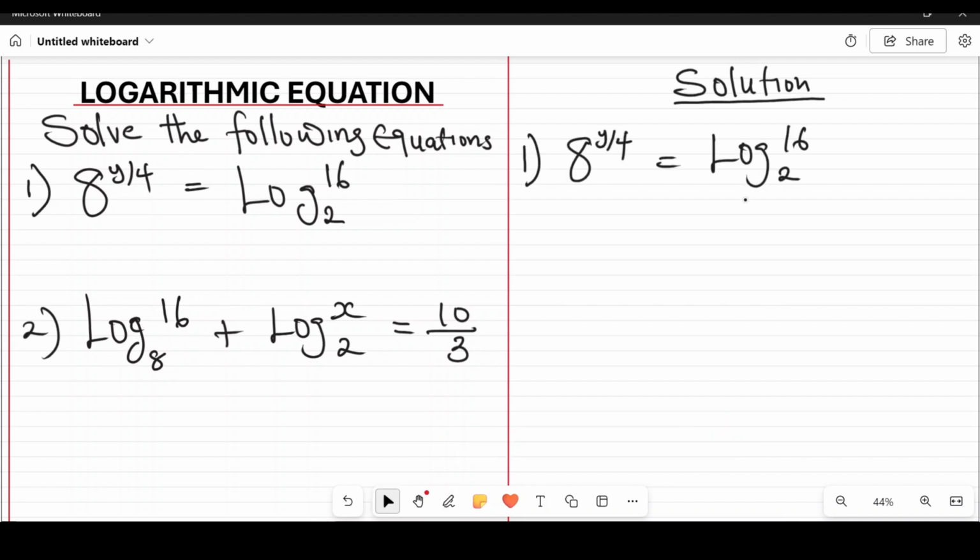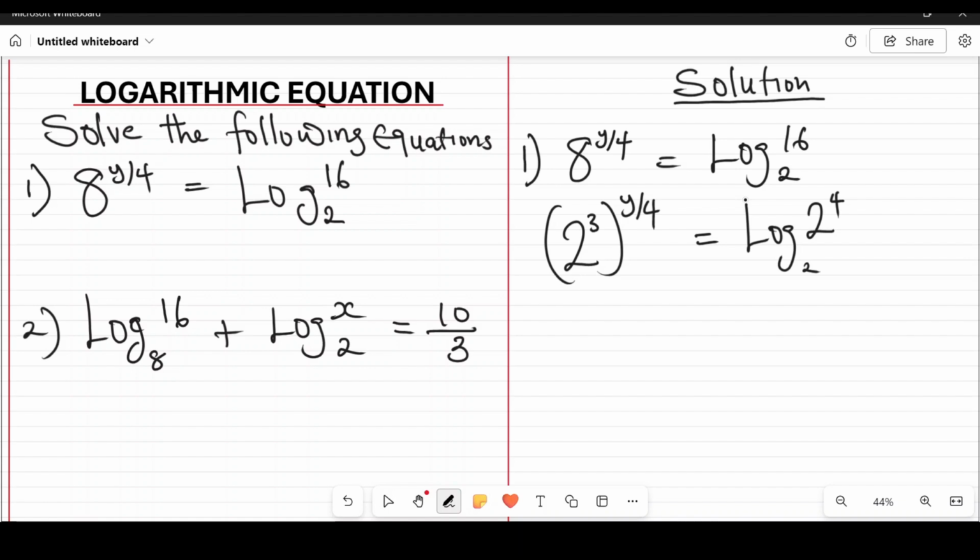Number one question says 8 raised to the power of y divided by 4 equals log 16 base 2. Now the first thing we do here is to express 8 and 16 as the power of their base. So this becomes 2 raised to the power of 3, all raised to the power of y divided by 4, equals log 2 raised to the power of 4 in base 2.